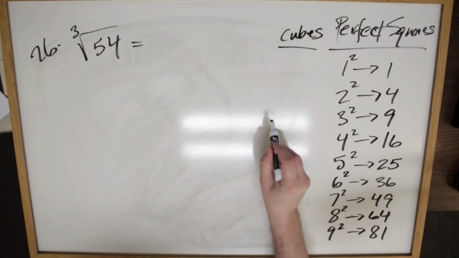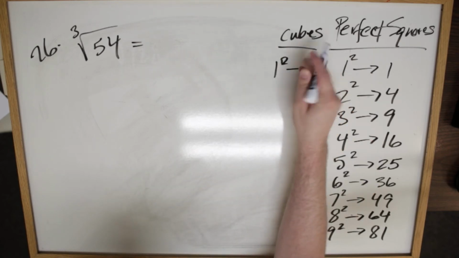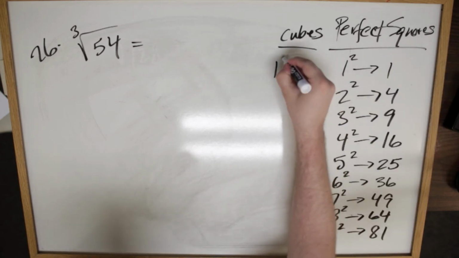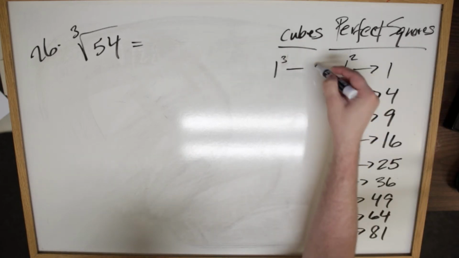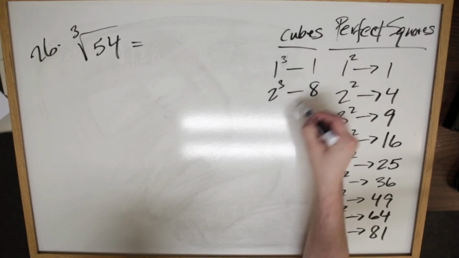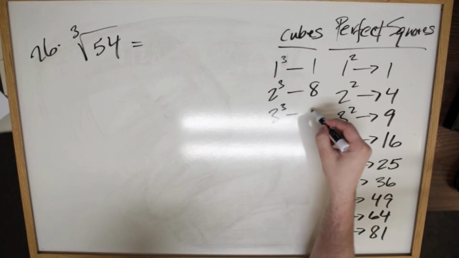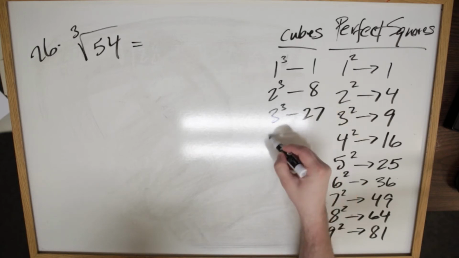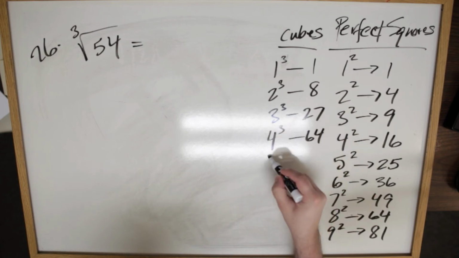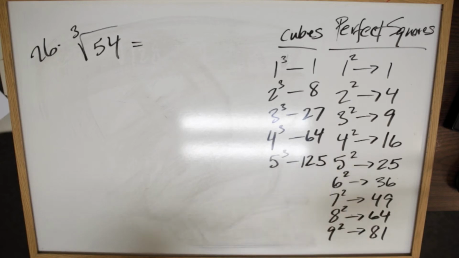These don't show up a whole lot, but when they do, it's kind of important to know them. 2 cubed is going to be 8. 3 cubed is going to be 27. 4 cubed is going to be 64. 5 cubed is 125. Okay.